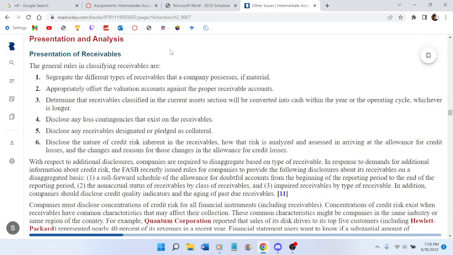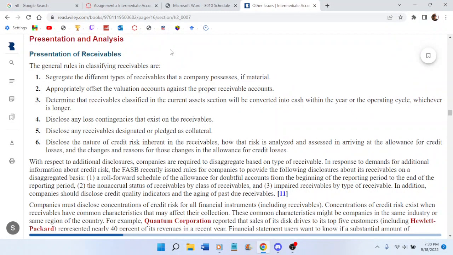General rules in classifying receivables are: segregate the different types of receivables that a company possesses if material; appropriately offset the valuation accounts against the proper receivable accounts; determine that receivables classified in the current assets section will be converted to cash within the year or the operating cycle, whichever is longer. Disclose any loss contingencies that exist on the receivables. Disclose any receivables designated or pledged as collateral.